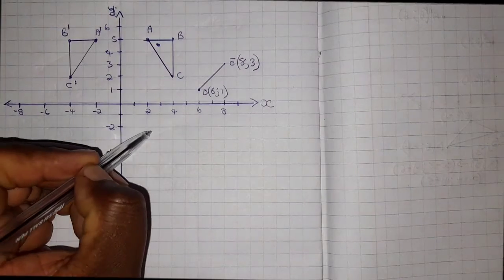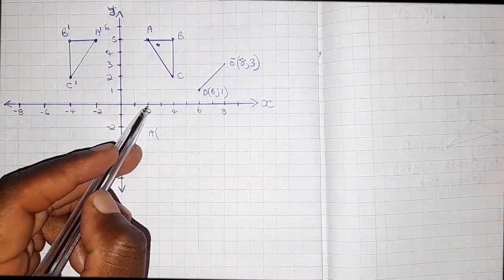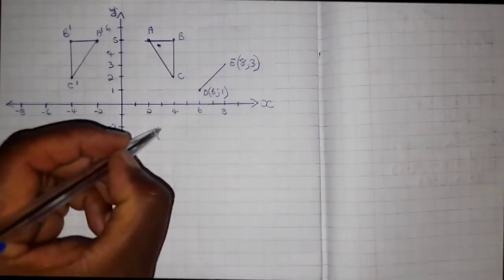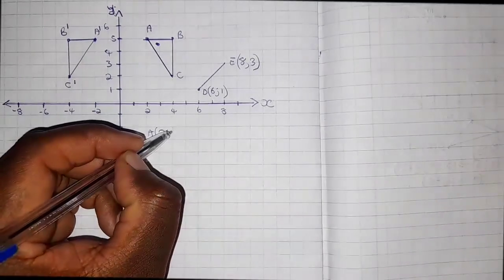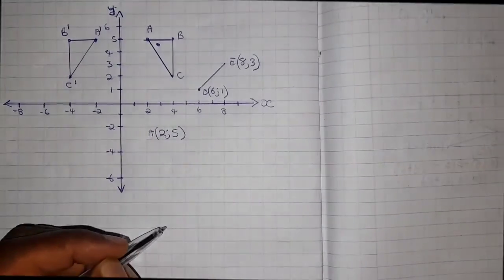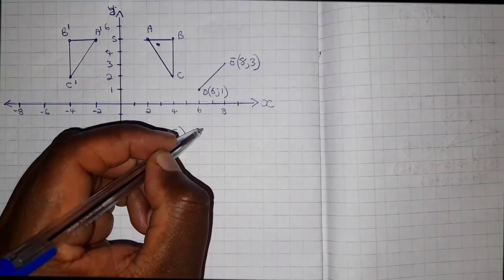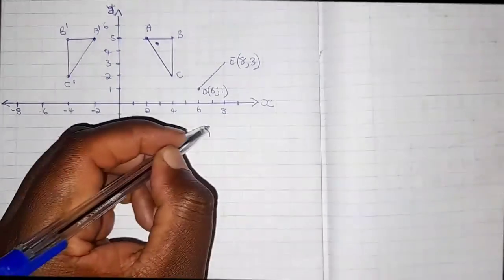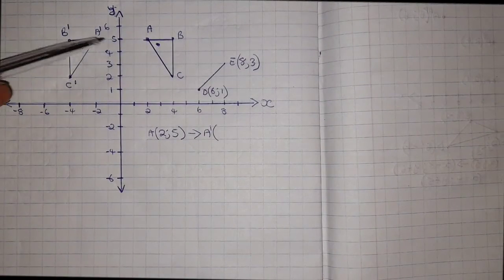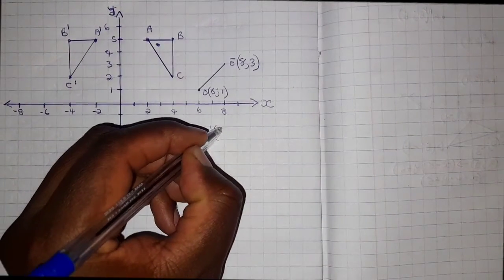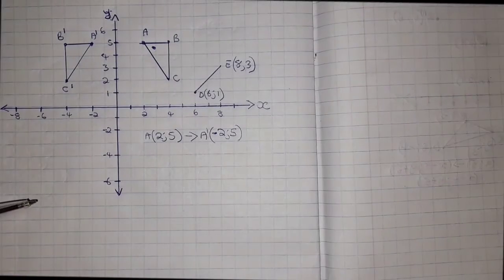Let's start with A. The coordinates of A here is (2, 5), and A has been mapped onto its image, which has coordinates (-2, 5).